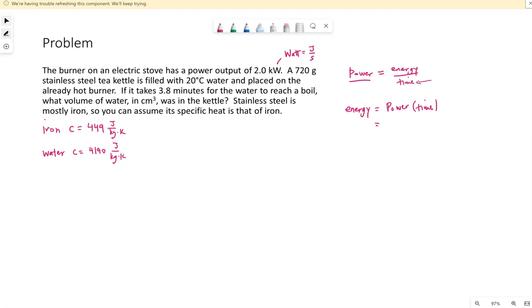Okay, I'll go ahead and just find that at the moment. So 2,000, because we have 2 kilowatts, we have to put in the 10 to the positive 3 to have the watts. 3.8 minutes, we will want that in seconds because a watt is a joule per second. So a minute has 60 seconds.